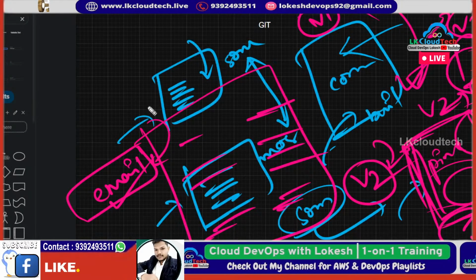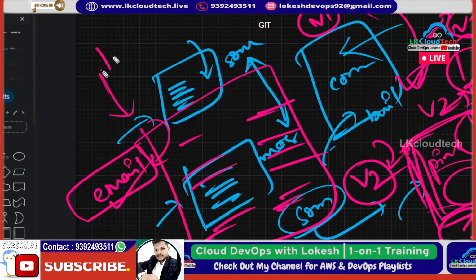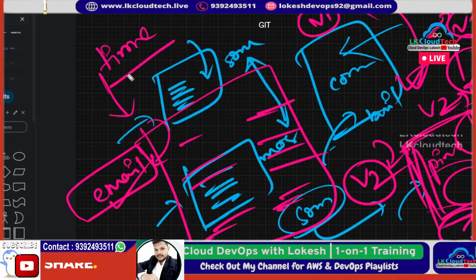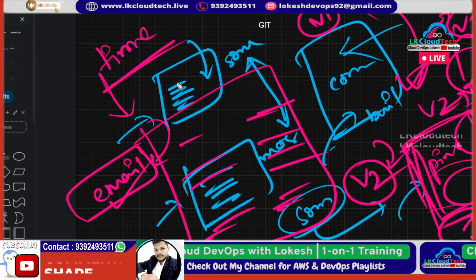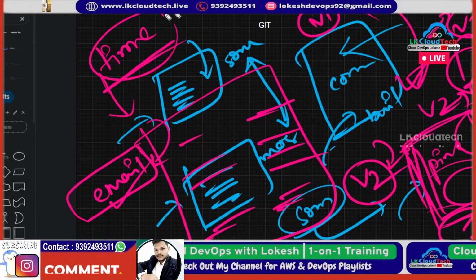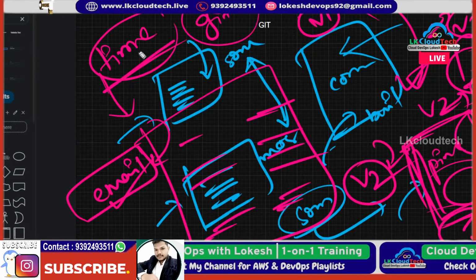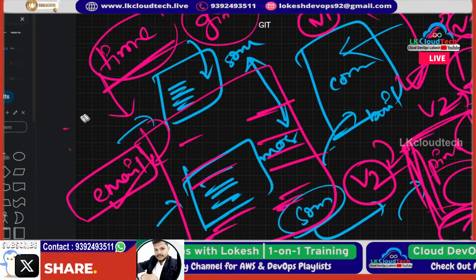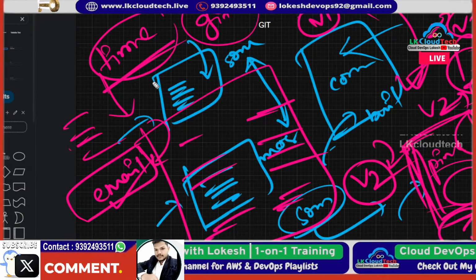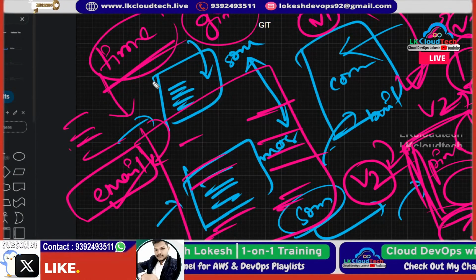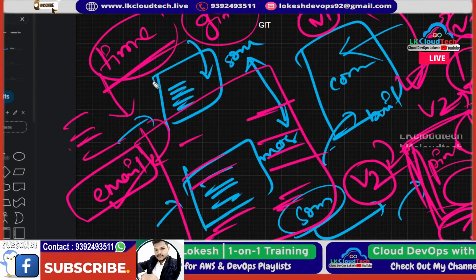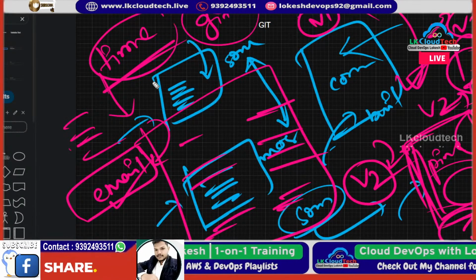It is difficult. It will waste your time. So this is before Git I'm talking about. Before Git, these are things they actually faced. Manually they used to do all these things. So this is how we used to face the problems.